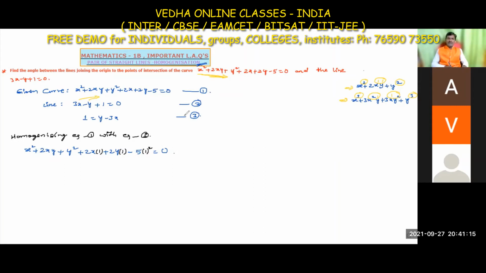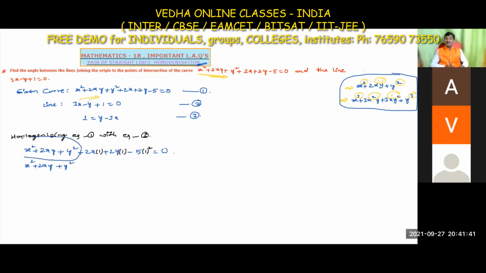After this I am substituting equation 3 in this equation. Sir, why are you multiplying by 1? There is no change. We are homogenizing the equation. This is the method of homogenization, where we make all the powers equal. Here the powers are not equal.